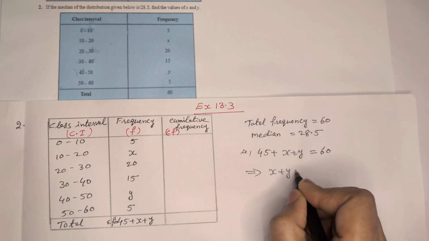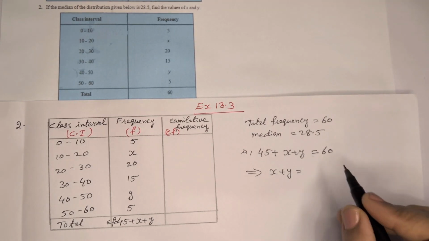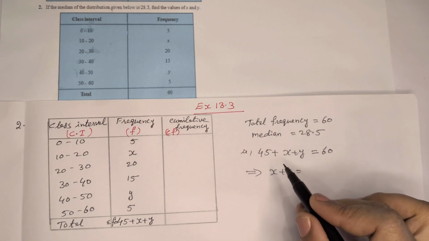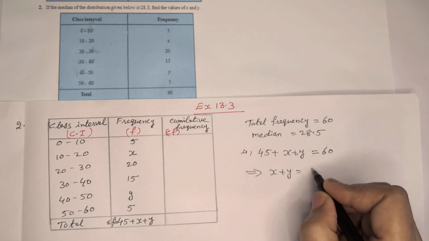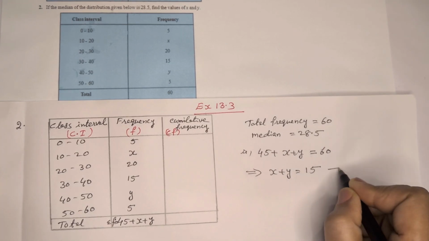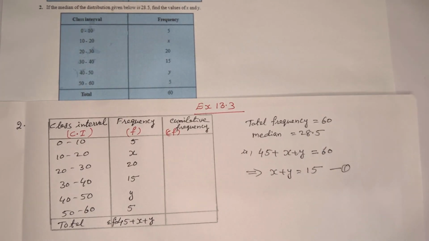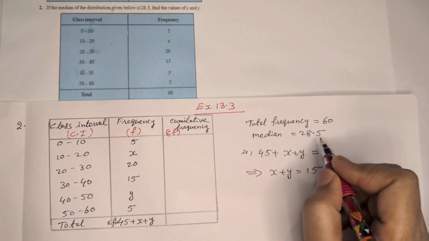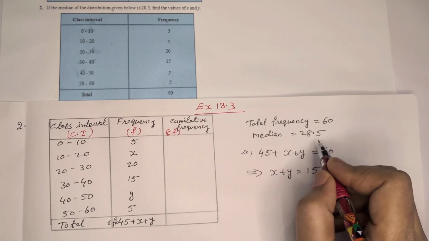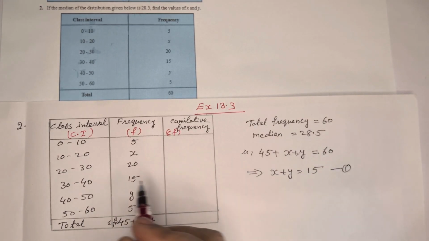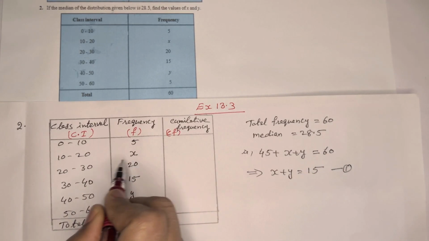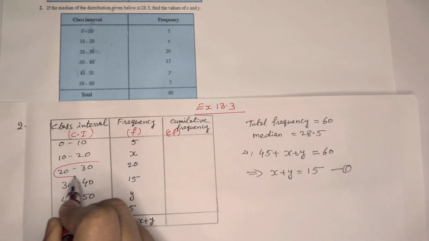X plus y is equal to 60 minus 45, which is equal to 15. This is equation number 1. Now here median is equal to 28.5, that is also given. If the median is given, then we can take that as the median class. Here this is the median class.